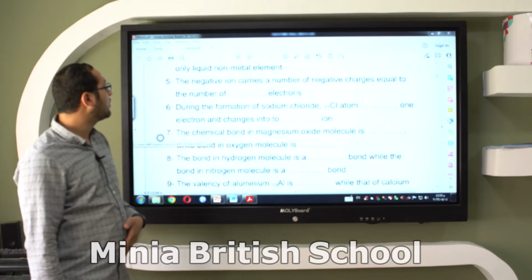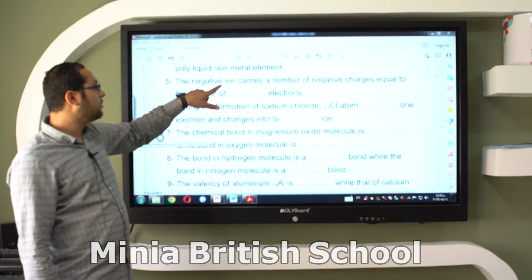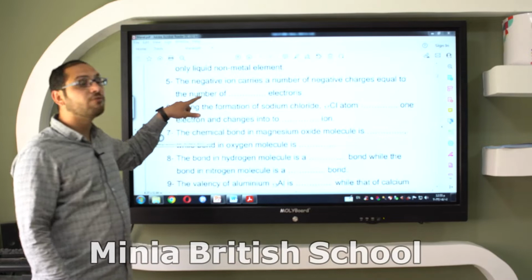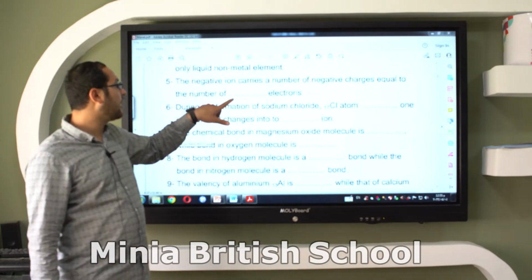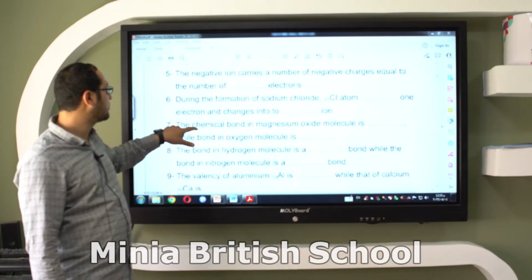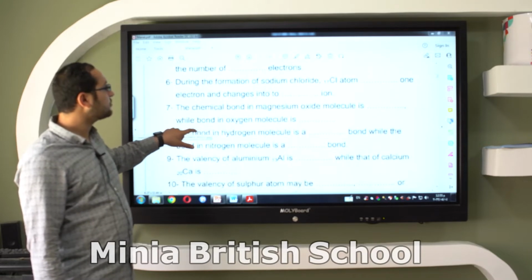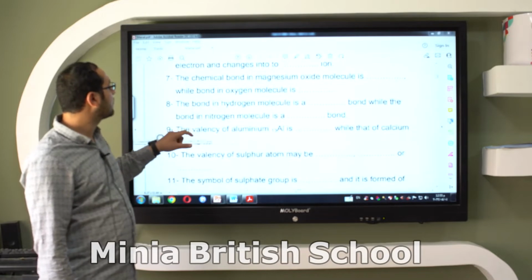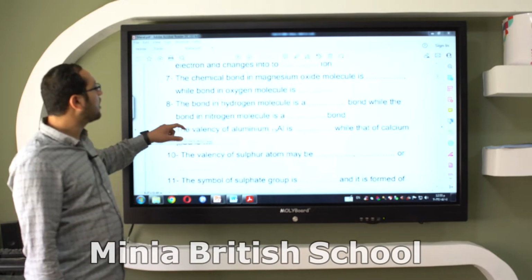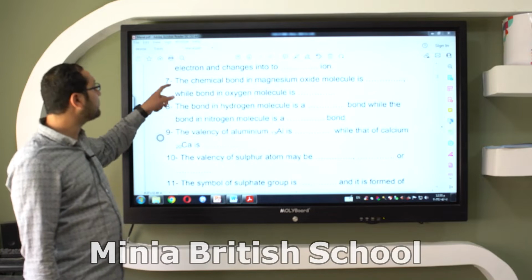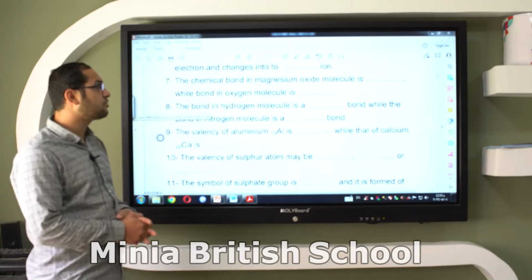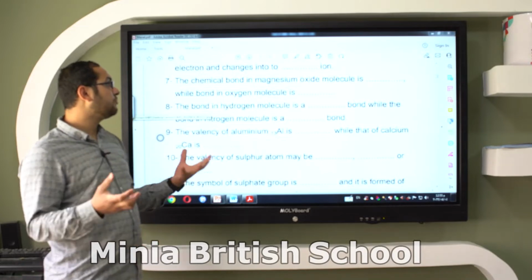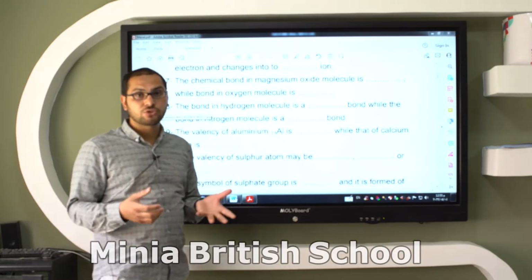The negative ion carries a number of negative charges equal to the number of gained electrons. Number 7, the chemical bond in the magnesium oxide molecule: what is the kind of bond between magnesium and oxygen?